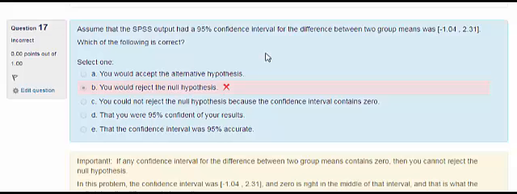The null states that if you take one mean and you subtract the other mean, the difference between them will be 0. So the rule of thumb is if your confidence interval for the difference between two group means contains a 0, you cannot reject the null. I'll say that again. If you have a 0 in your confidence interval for the difference between two group means, you cannot reject the null.